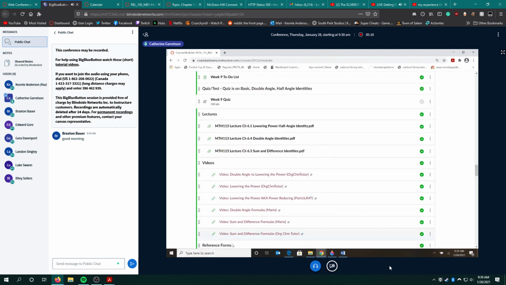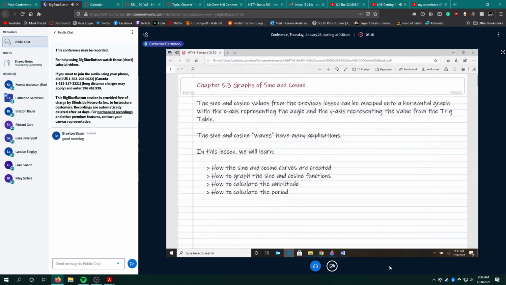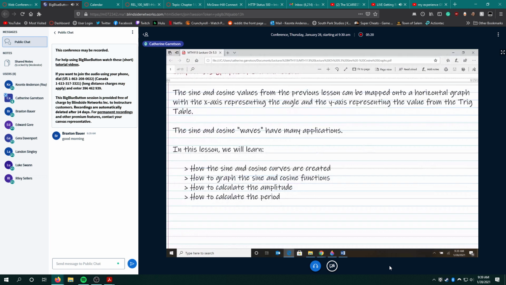So let's go ahead and get started with our lecture today. We're just going to focus on the sine and the cosine. And they're used in a lot of applications because they look identical, but they're not tracking through the same ordered pairs.